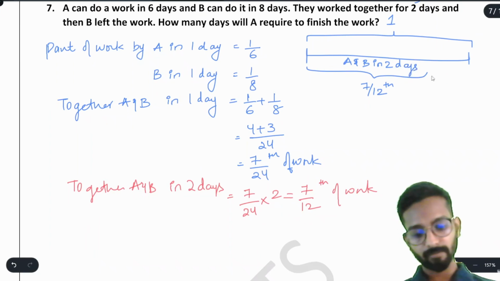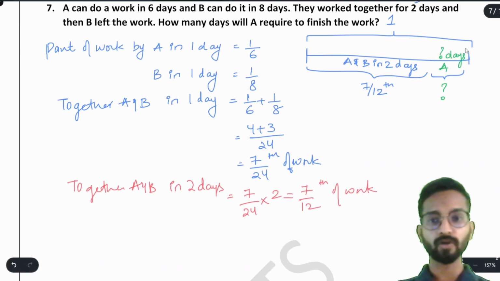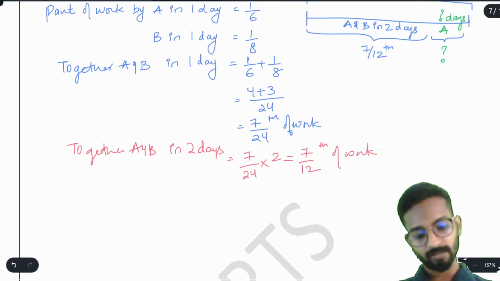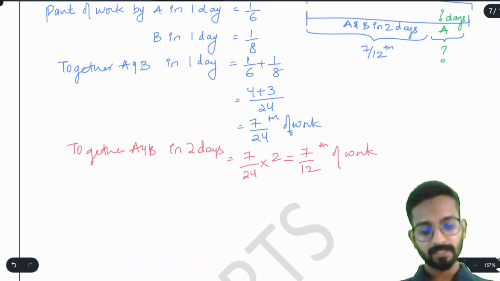Now B left and now A has to complete the job. A has to complete how much job and how many days will A take to do that particular work, that we have to find. Now understand this. Total work is 1. 7 by 12th of the work is already completed.